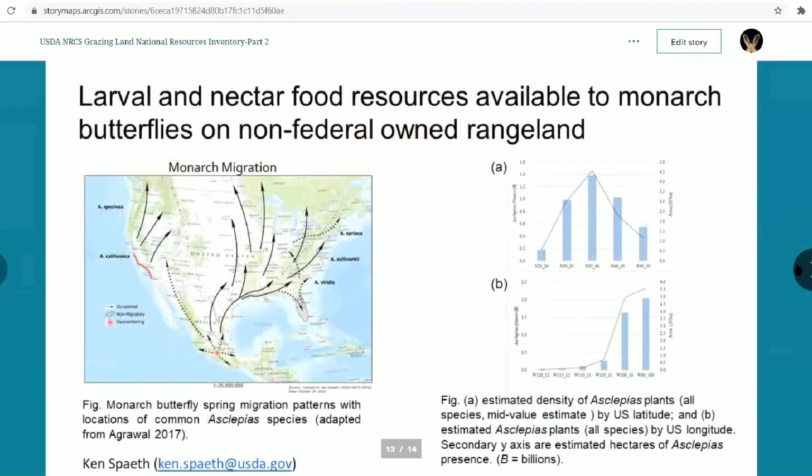There has also been discussion among USDA Natural Resources Conservation Service biologists about larval and nectar food resources available to monarch butterflies on non-federal owned rangelands, and how changes in some of these resources might have an effect on butterfly spring migration patterns.